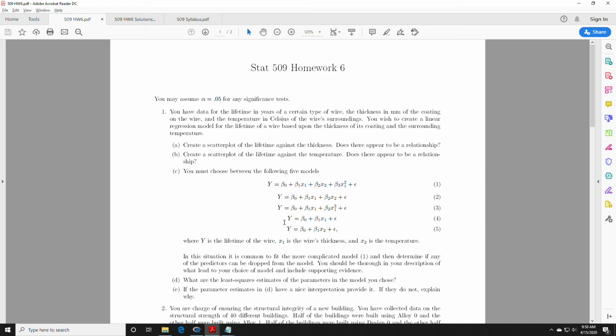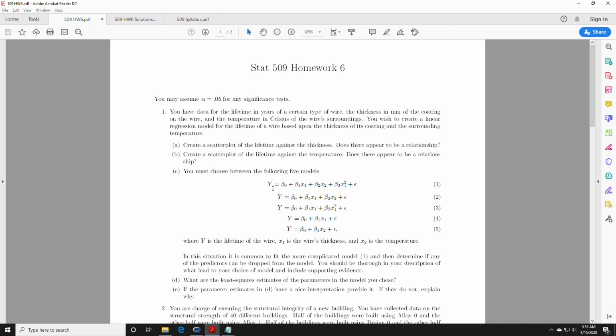Another approach you could do is try to fit one of the simpler models and see how well it fits. You can compare how well it fits, and also look at some of the assumptions. But we're going to fit the bigger model. So what does this include?